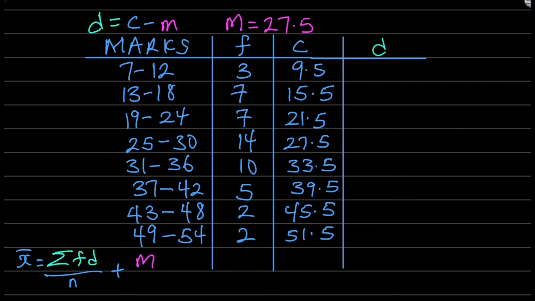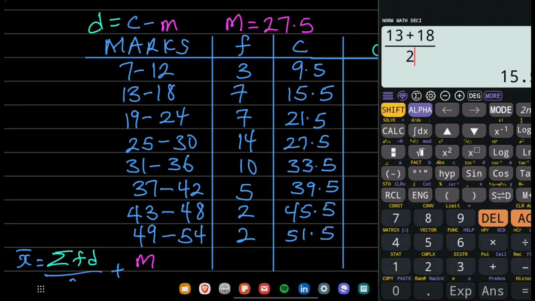So the first D would be C minus M, which is 9.5 minus our 27.5. Then you can bring up your calculator.